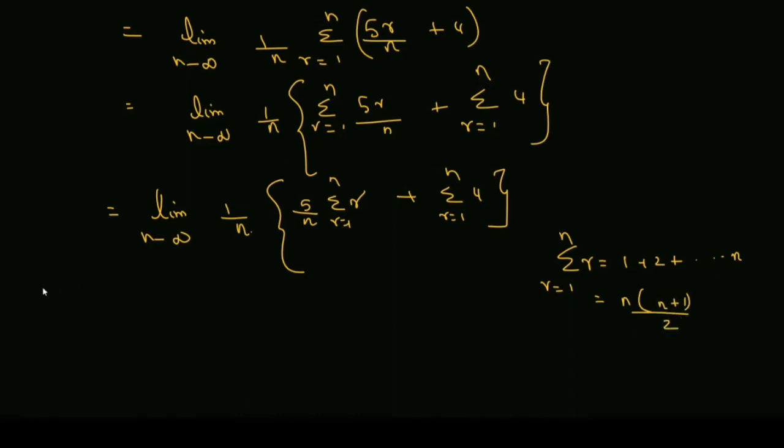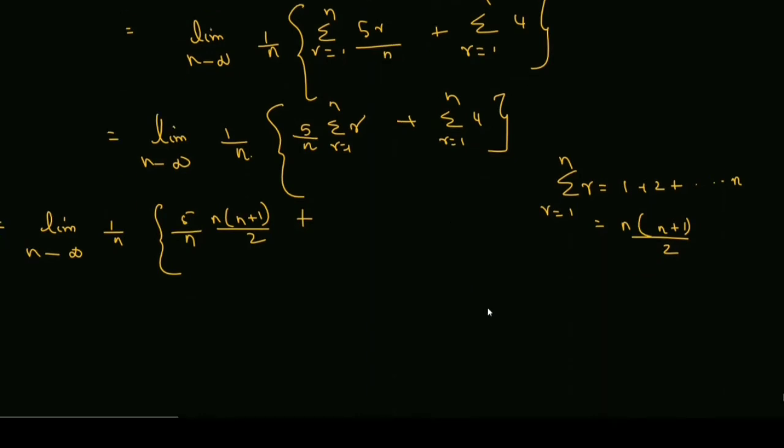So this is equal to the limit as n tends to infinity of 1 by n, 5 by n sigma r. I am going to replace sigma r by n into (n plus 1) by 2, plus sigma 4. 4 is a constant, just take it out, and then sigma of 1, r from 1 to n, means you are adding 1 n number of times, 1 plus 1 plus 1, n times.